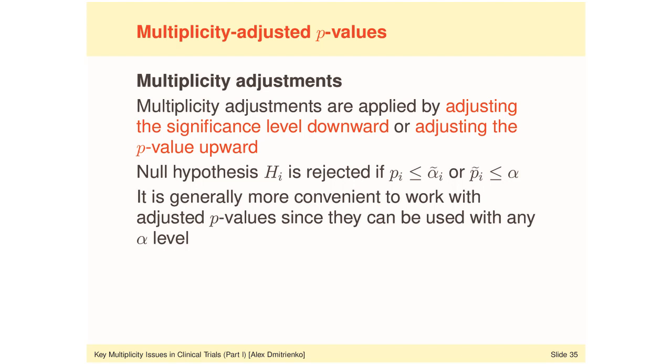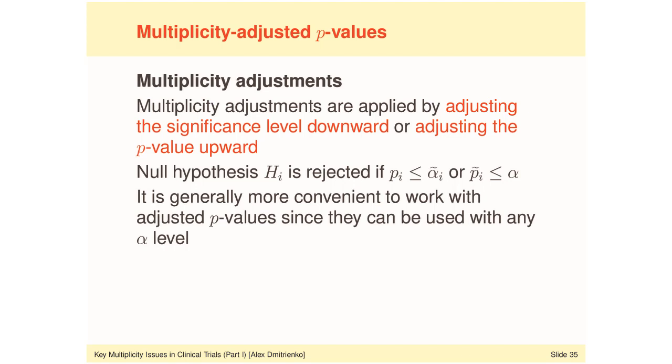Here, I will concentrate only on adjusted significance levels and adjusted p-values. Adjusted or simultaneous confidence limits will be discussed in Module E. Now, since the decision rules are modified to make it more difficult to declare significance for the individual tests, and that's what multiplicity adjustments are all about, significance levels for the individual hypotheses are adjusted downward and p-values are adjusted upward.